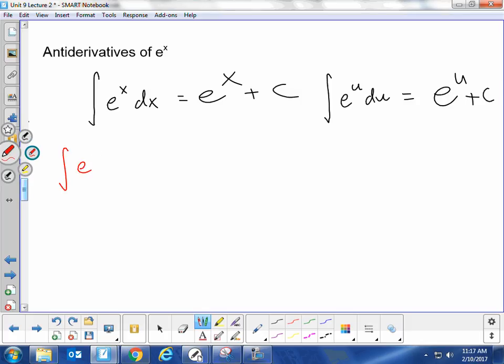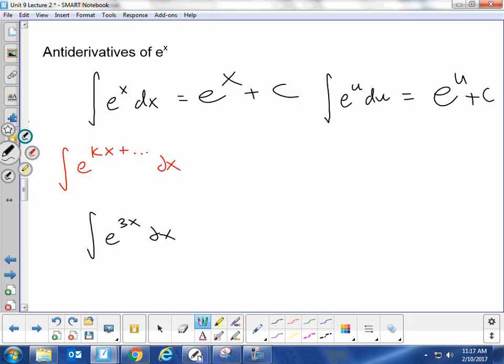Now, if I have something like a constant in front of the x, say e to the 3x, what do you think that antiderivative is? Would it be 3 to the 3x or 1/3 to the 3x?